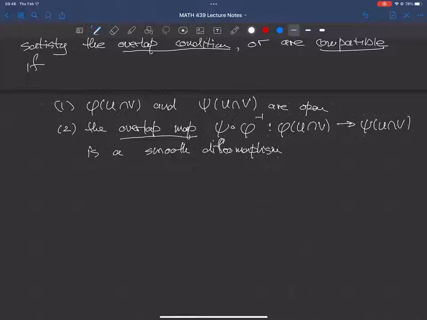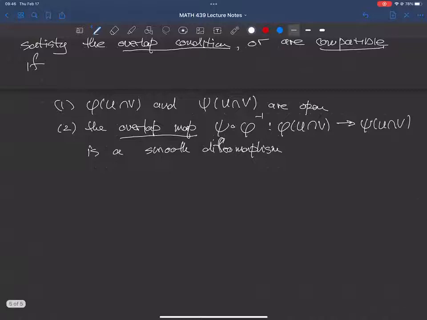And the resulting thing that you get, in the 1980s school geography terminology, a collection of charts that covers some region in which you're interested is called an atlas.